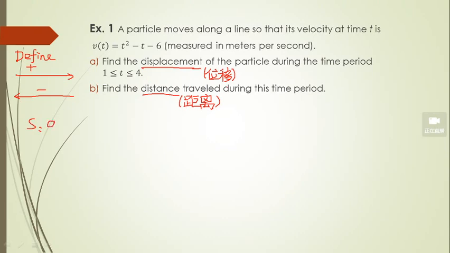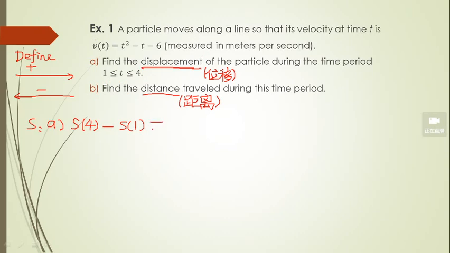Part A. Find the displacement, which means find the position change from 1 second to 4 seconds. So it should be S(4) minus S(1), right? Because the time period is from 1 second to 4 seconds.